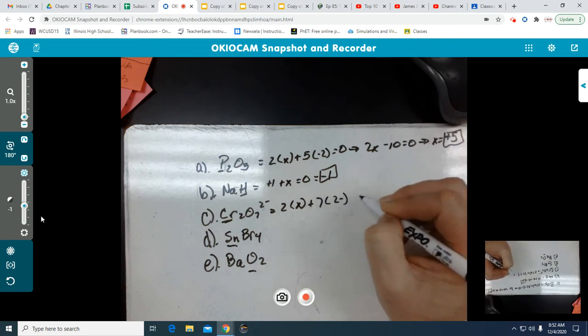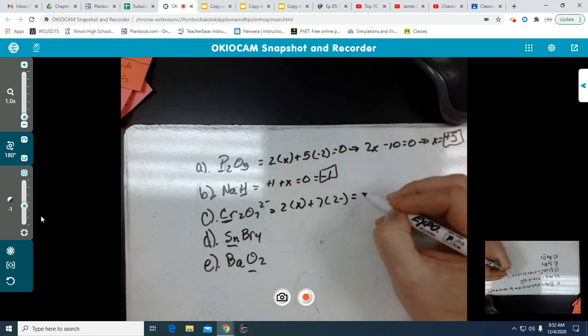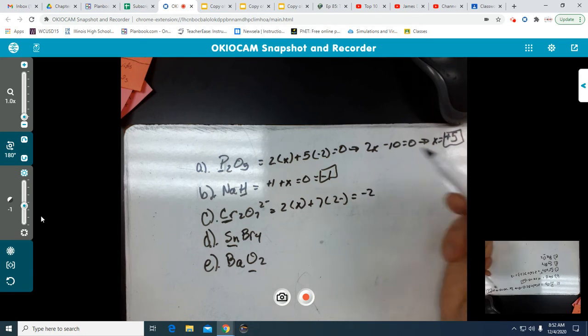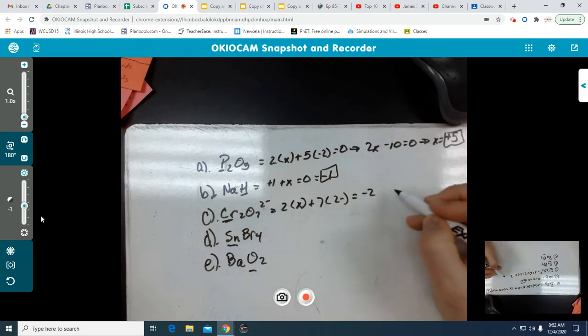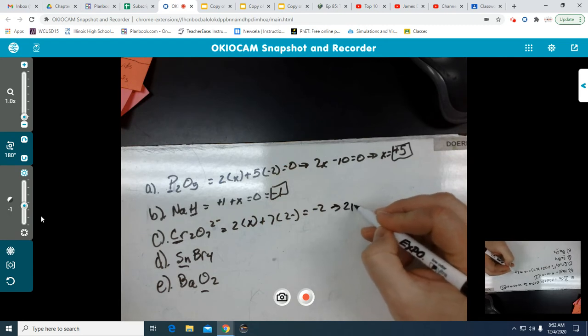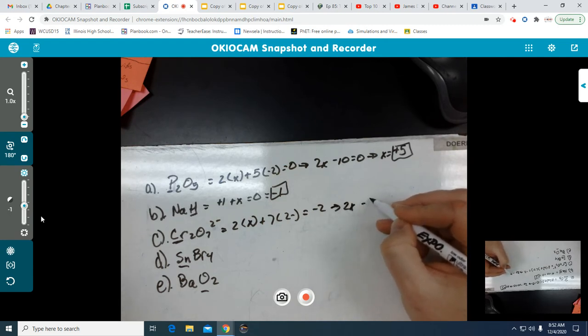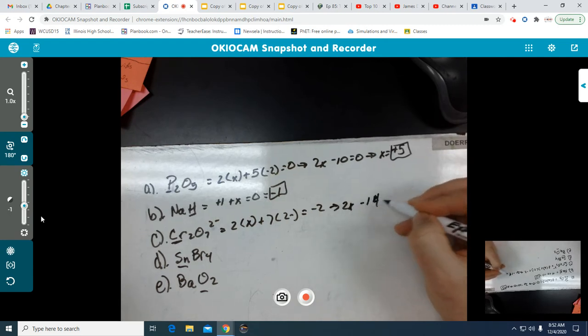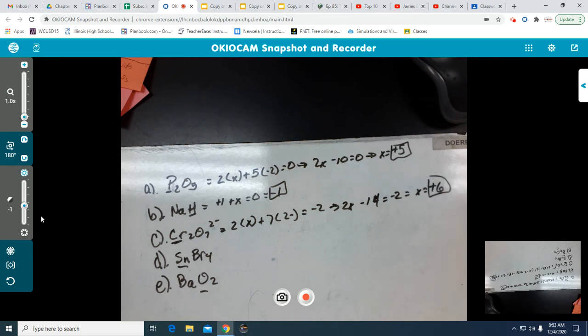Again, it's a 2-, but this time it's set equal to -2 because of its charge. So here we get 2x minus 14 equals negative 2. We get x is equal to plus 6.